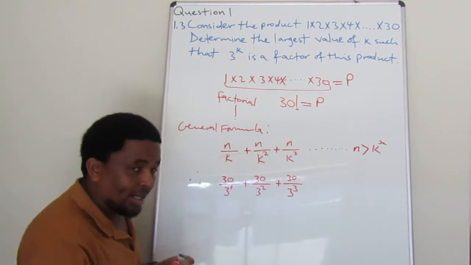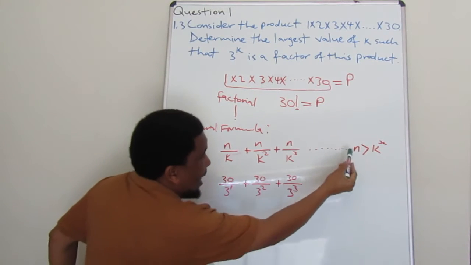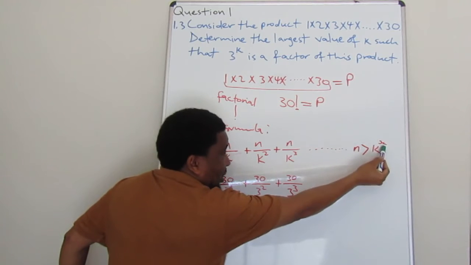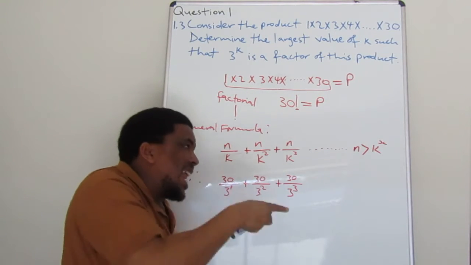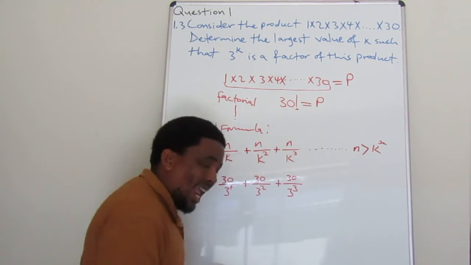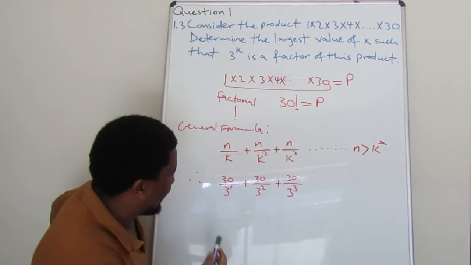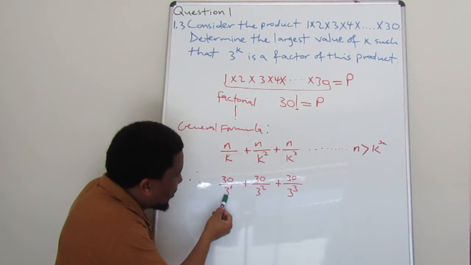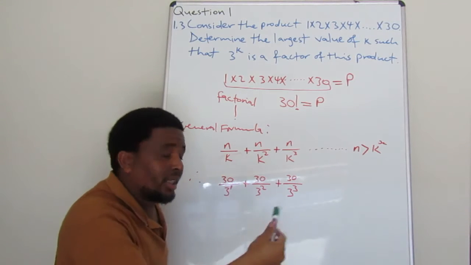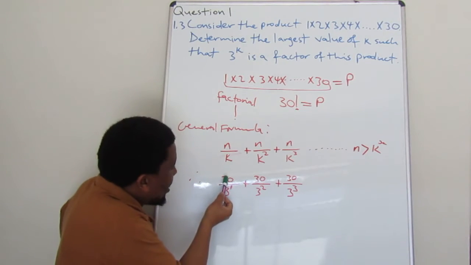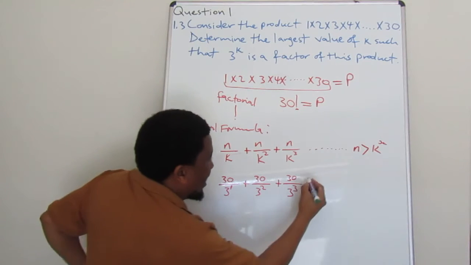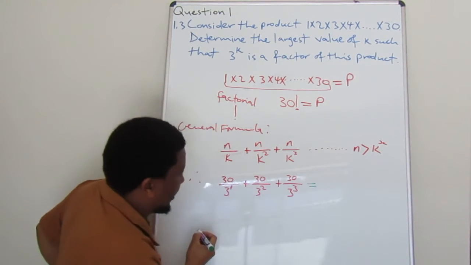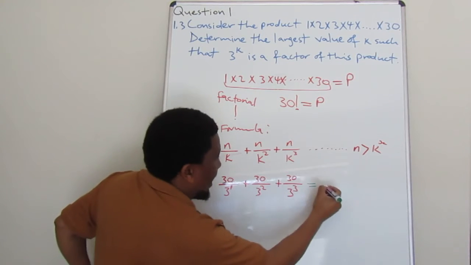Now look at it: k to the power x must never be greater than n. I'll give you an example. Here, 3 to the power 1 is 3. If I say 30 divided by 3, that will give me 10.